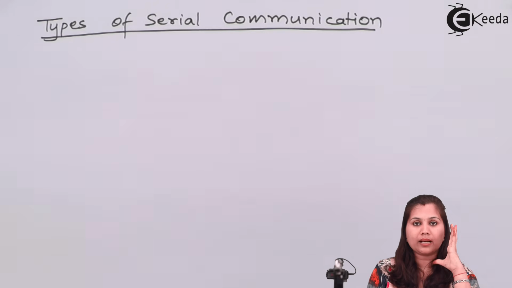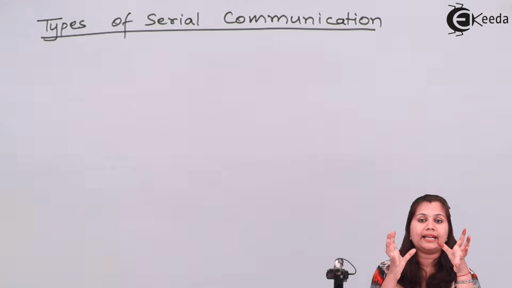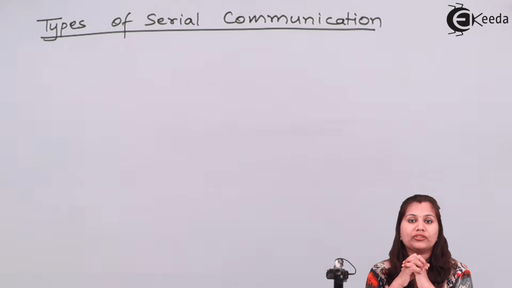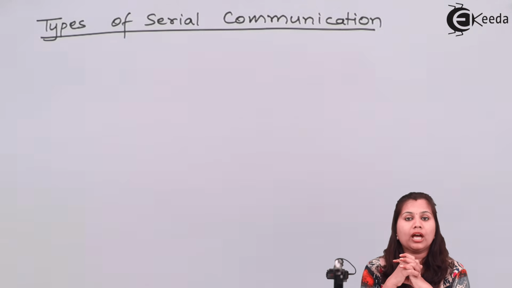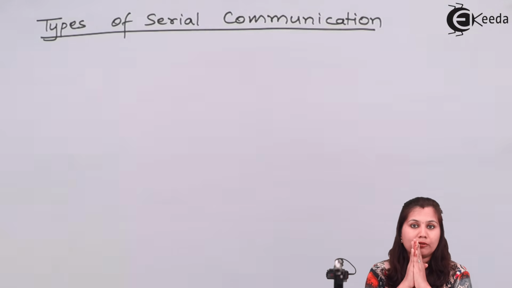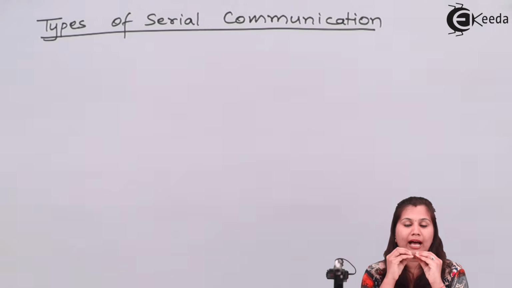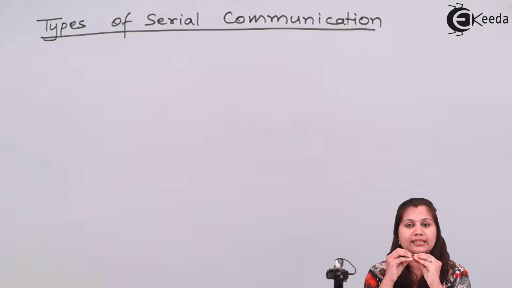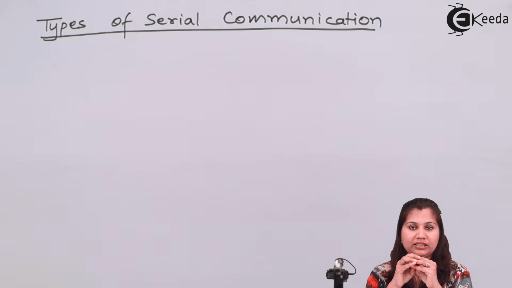In synchronous serial communication, the transmitter and the receiver are synchronized with each other. This synchronization is done with the help of clock pulses. The transmitter and receiver are going to share the same clock. Suppose after 1 second the transmitter is sending the data, at the same time the receiver is receiving the data.